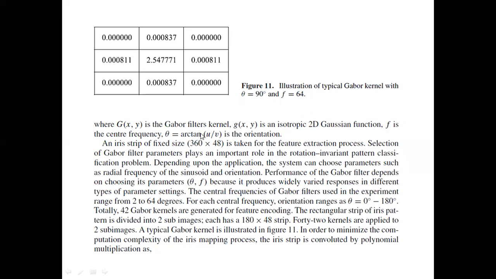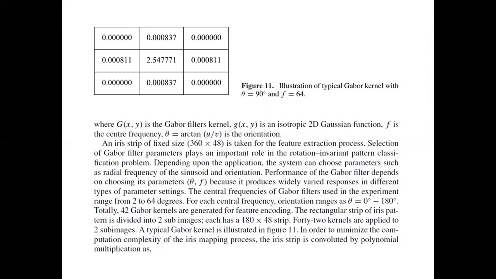Here you have a 90 degree rotation angle. An iris strip of fixed size is taken for the feature extraction process. Selection of Gabor filter parameters plays an important role in rotation invariant pattern classification problems.